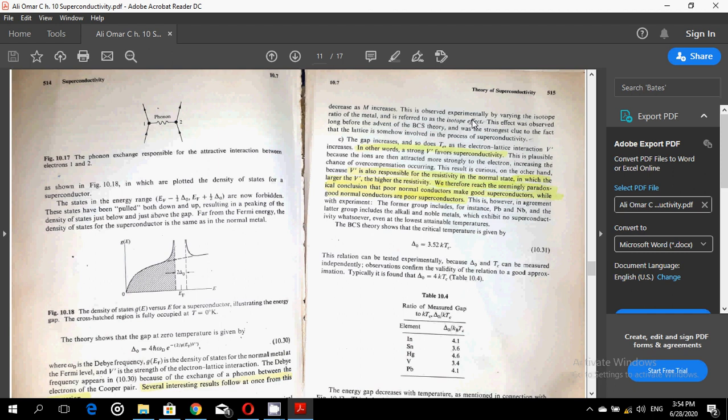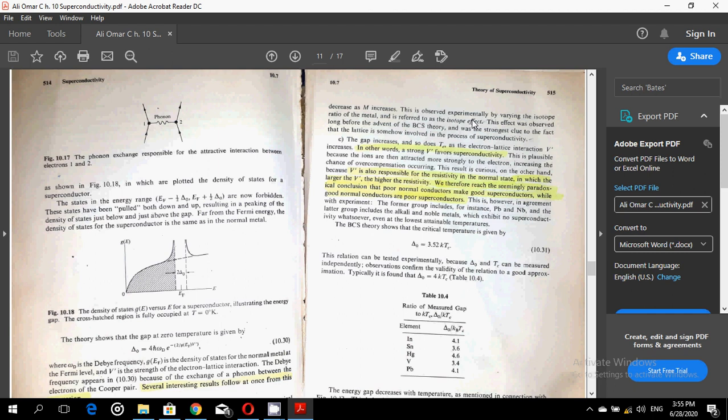So we are saying here that a large value of V' favors superconductivity, but on the other hand, a large value of V' increases the resistivity. We therefore reach the seemingly paradoxical conclusion that poor normal conductors make good superconductors.